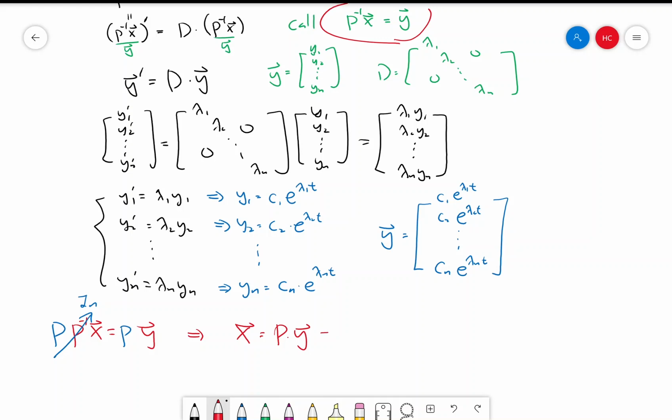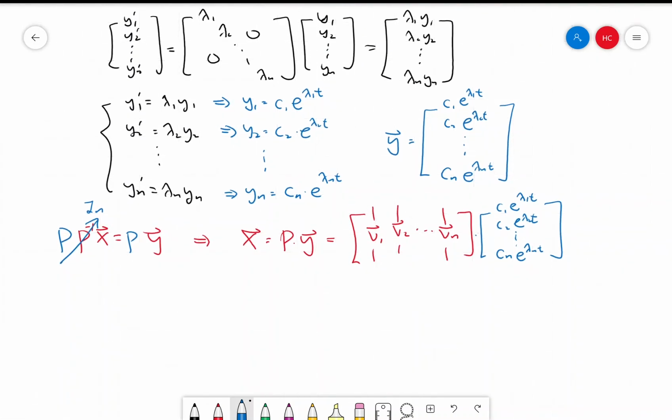Recall P is the matrix with columns being the eigenvectors, and y is the vector right above, with c1 e to the lambda 1 t, c2 e to the lambda 2 t, all the way to cn e to the lambda n t.